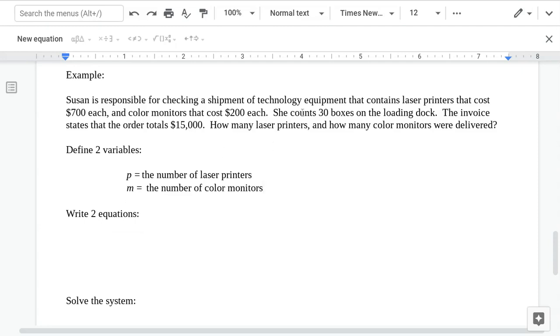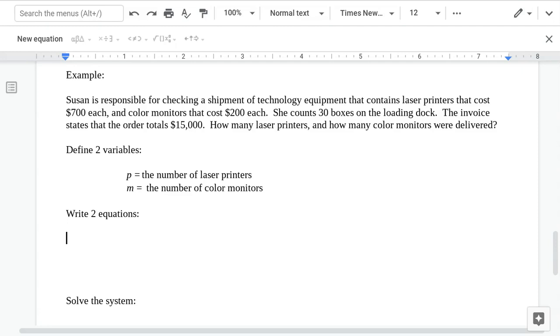And you're going to see that there are a couple of totals that were given. We were given a total number of boxes on the dock, and we are also told that the total of the invoice was $15,000. Now, generally, good practice is when you have a total, that's what your equation will end up equaling.